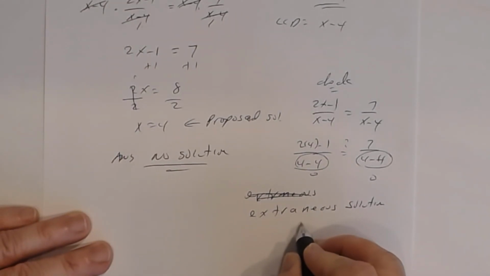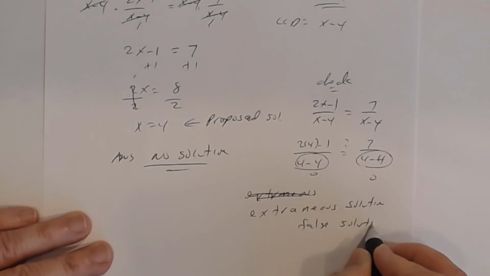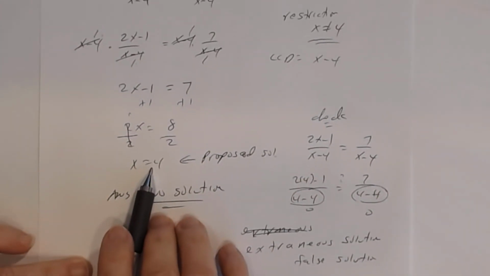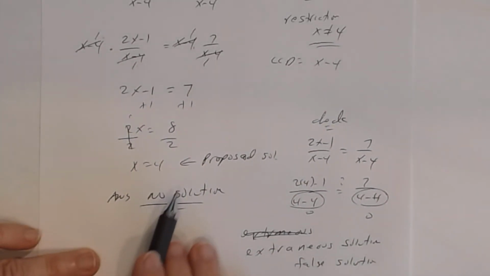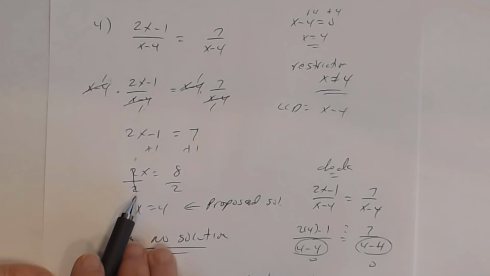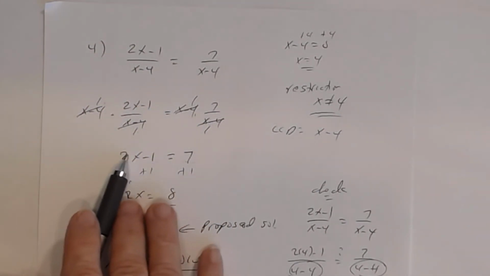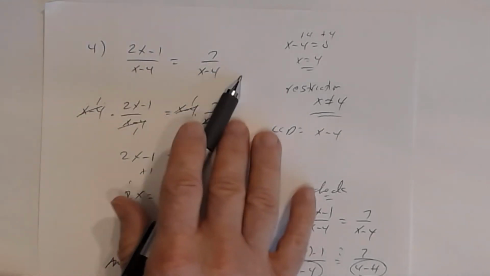But extraneous solution, just think of a false solution. So x equal 4 is an extraneous solution because you think it's a solution to the original, but it's not. It's a solution to this right here, but this equation is not the same as this one.